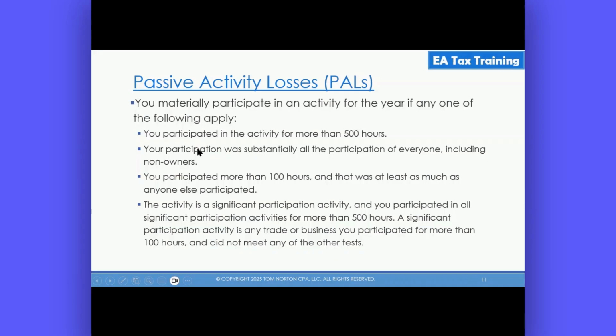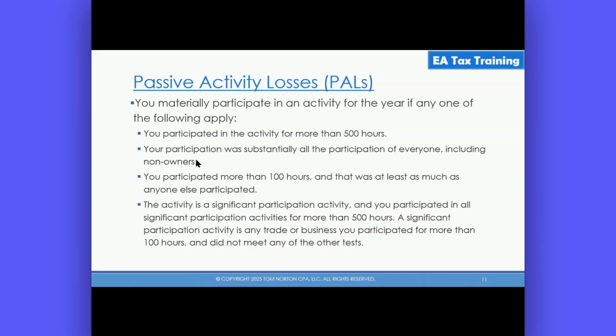On the other hand, let's say you do have some passive activity losses. There may be a different trade or business that you have that has income, it has a profit. You might want that activity to be a passive activity. Why? Because remember, you can only offset passive activity losses against passive activity gains, income.